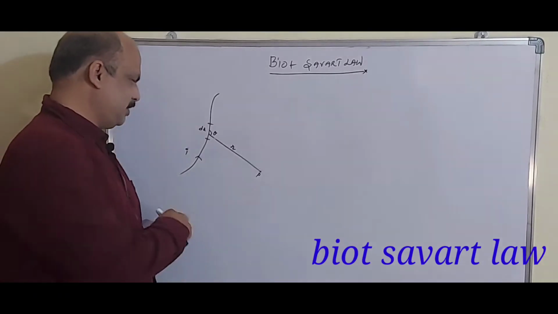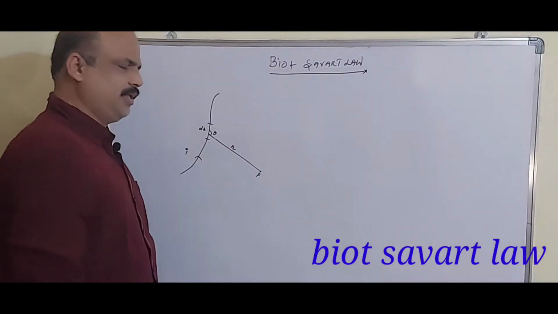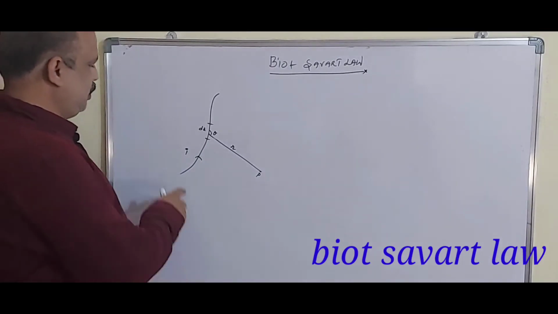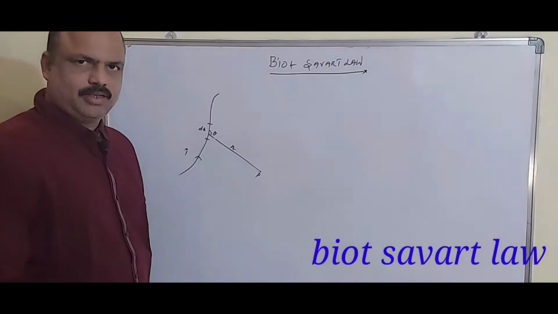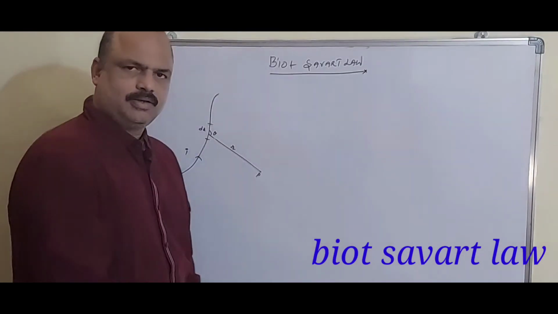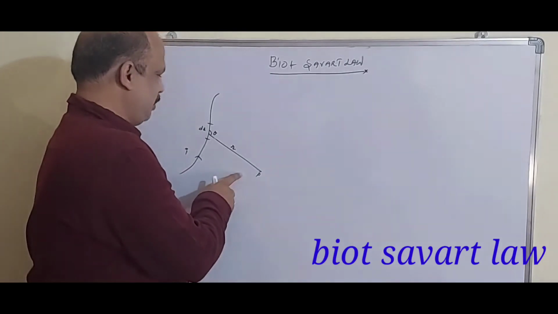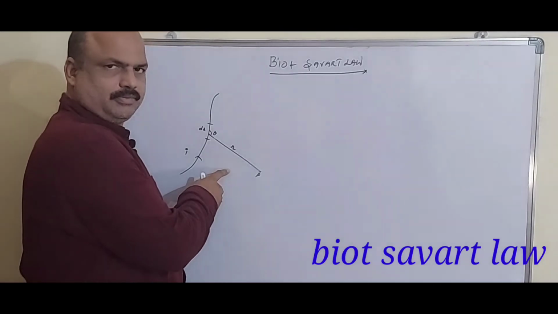Now let us consider an uneven conductor of length L. There is a current I passing through this conductor. Now we want to find out the magnetic field at a point P, which is at a distance r from the conductor.